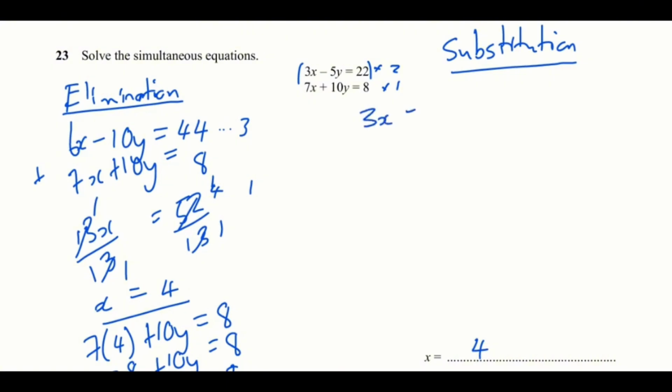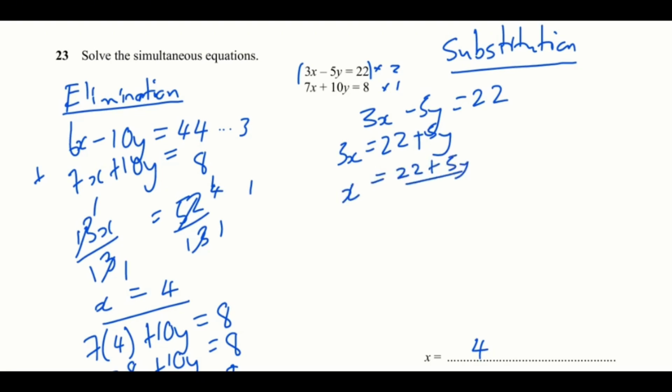I'll make x the subject. So 3x equals 22 plus 5y, and divide both sides by 3. x equals (22 plus 5y) over 3. This is not the exact value of x, but it is a formula in which x is the subject. I will now substitute this into the second equation.